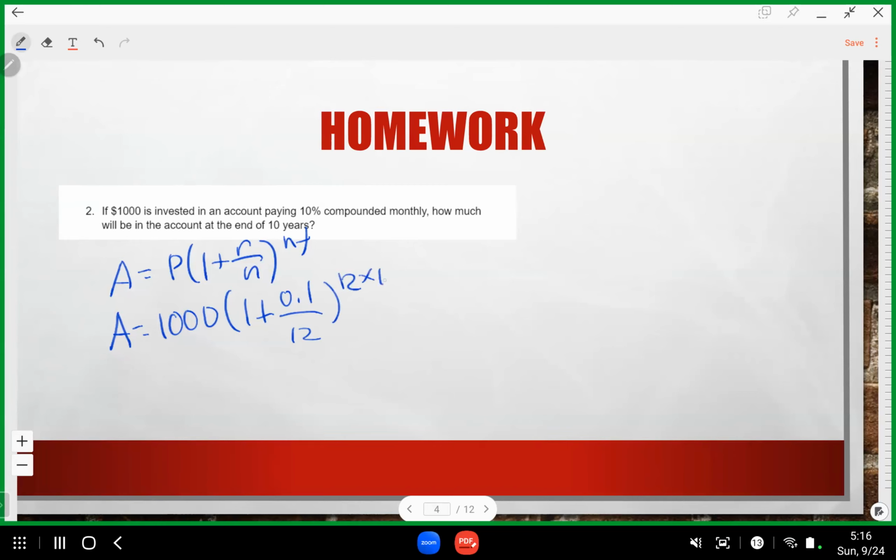Okay, so if you calculate that, 1 plus 0.1 over 12, and then you take that to the 120th power multiplied by 1,000, is not going to be 9 million. Whoever said that? Making money out of thin air.